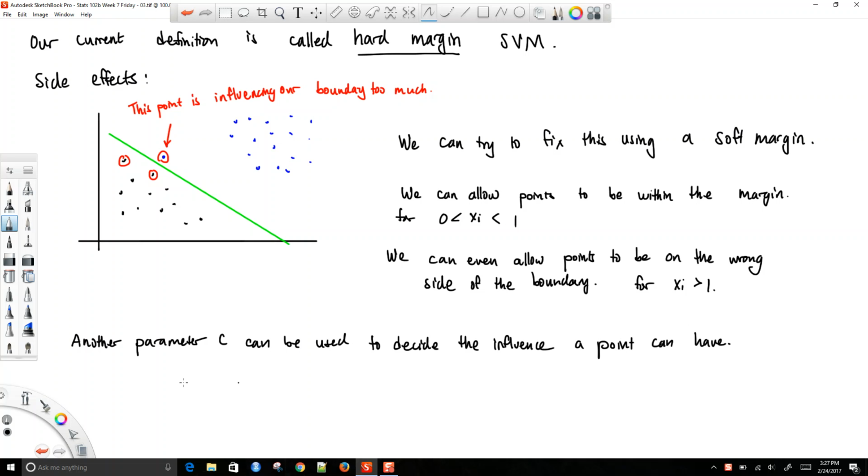Lower values of c will allow the boundary to be influenced by more points.